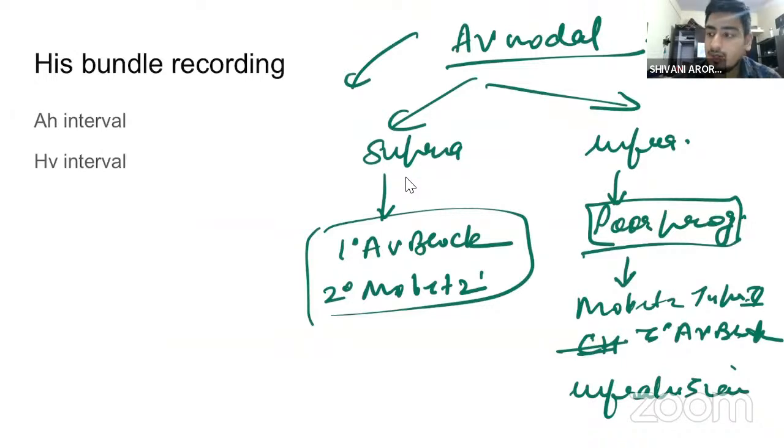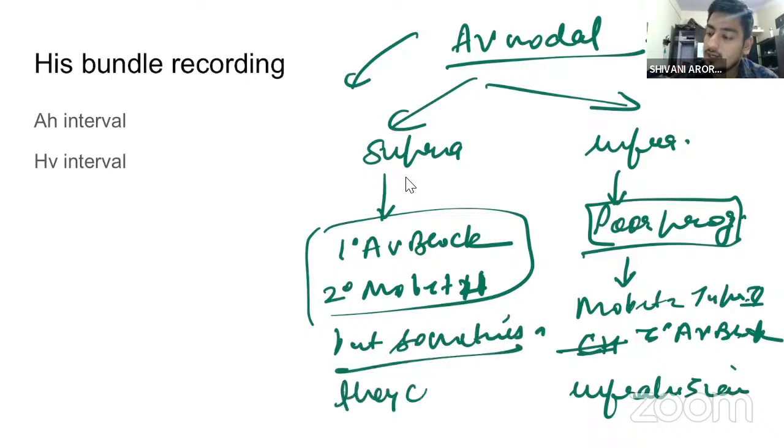But although we know that first degree AV block and second degree Mobitz type 1 block is a suprahisian block most of the time, sometimes they can be infrahisian in 2 to 3% of the cases. Similarly, Mobitz type 2 block is mostly infrahisian and complete heart block is also mostly infrahisian, but we can definitely have some cases where they are suprahisian.